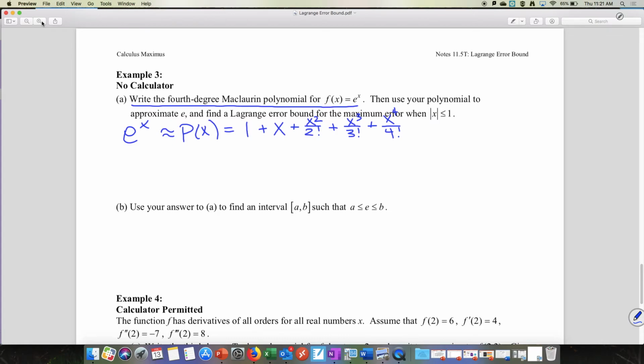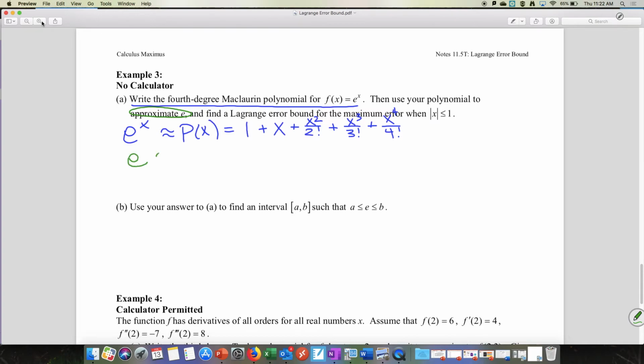Yeah, we then want to approximate e. Okay, that's e to the first power, right? So what are we plugging in? 1. We're plugging in 1.